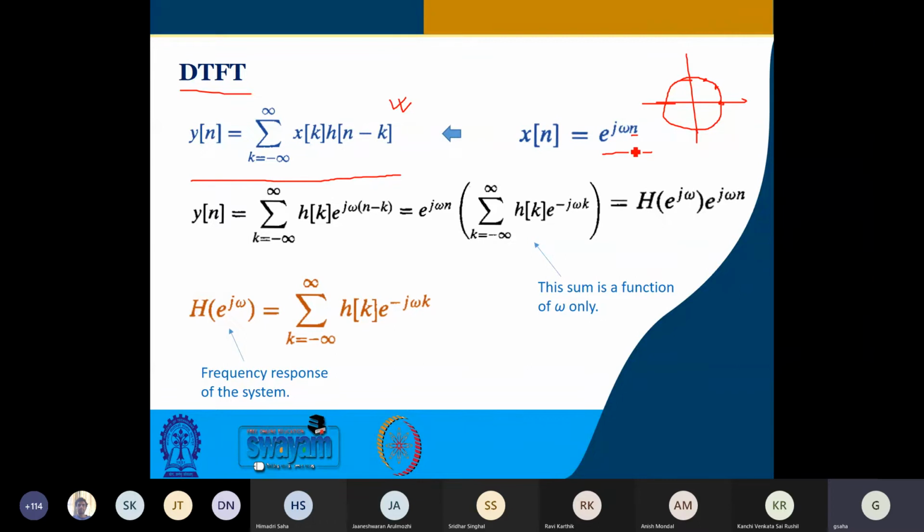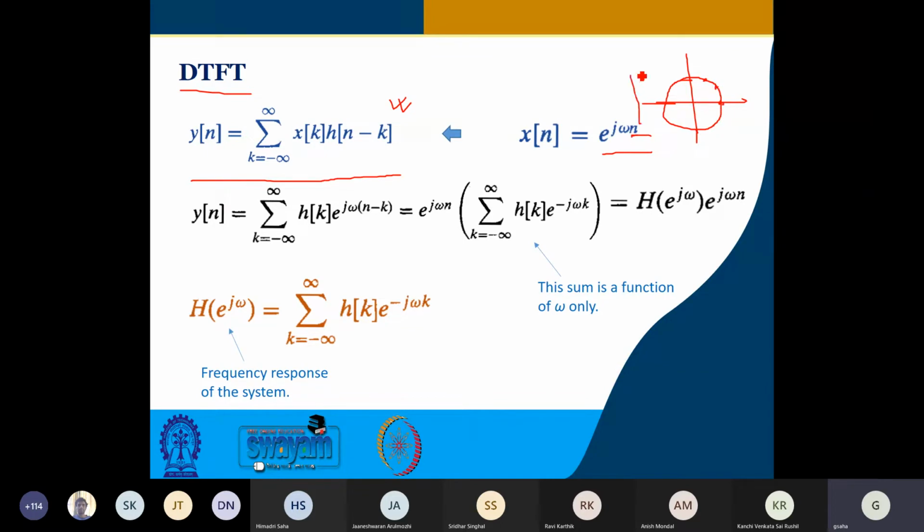Okay. So the difference with e to the power j omega t is that t is continuous, while here n is discrete. So you have only specific values depending on the value of omega.